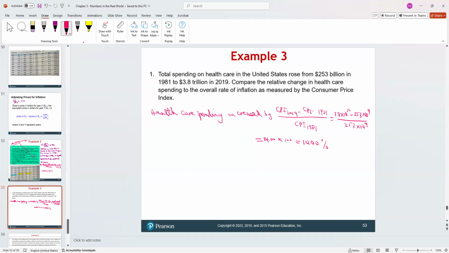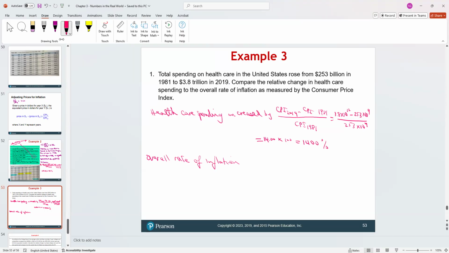They said total spending on healthcare. But if we see the inflation, those are the numbers they gave us for the healthcare spending. Now, how about the overall rate of inflation?